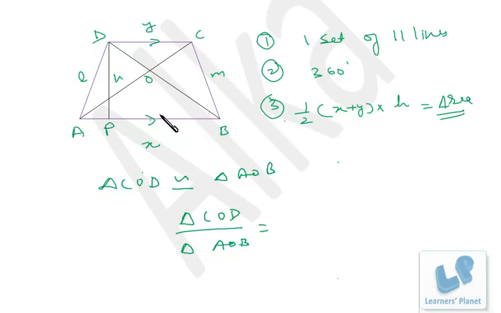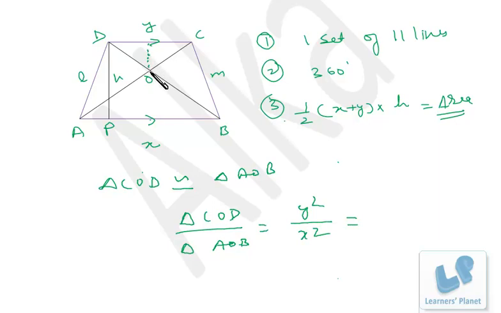What are the corresponding proportional sides? That's y and x, right? This is the base, this is the base. So for triangle COD and triangle AOB, that's y square by x square. That means areas will be in the ratio of the square of their sides, right? Similarly, areas will be in the ratio of the square of their respective altitudes.